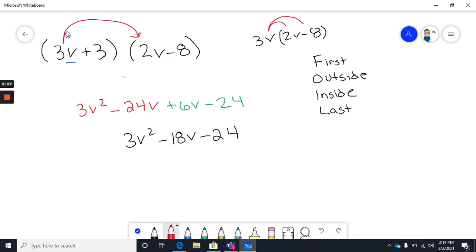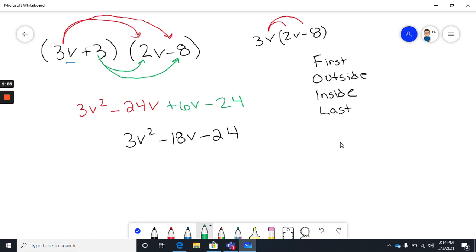Then we multiplied our two outside things in our parentheses. Then we multiplied our two inside things in our parentheses. And finally, we multiplied our two last things in our parentheses. First, outside, inside, last. The next way I'm going to show you is called the Punnett square.